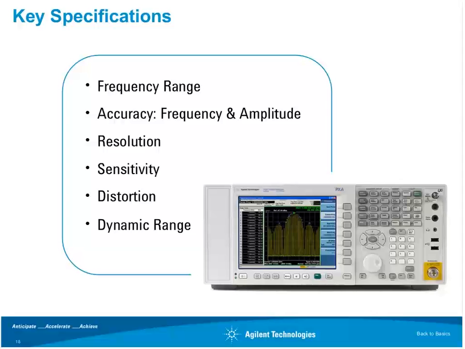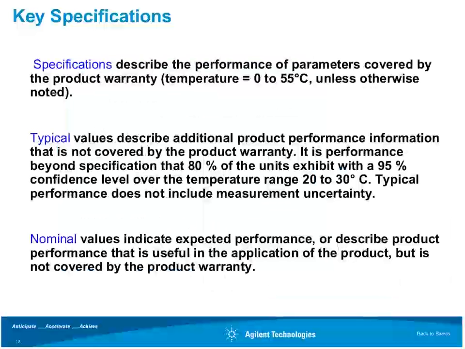We'd like to have confidence that the value we read is actually accurate. Resolution, sensitivity, distortion, dynamic range, these are all very important parameters, as we make measurements, you want to make sure that you have adequate sensitivity and freedom from distortion and so forth.